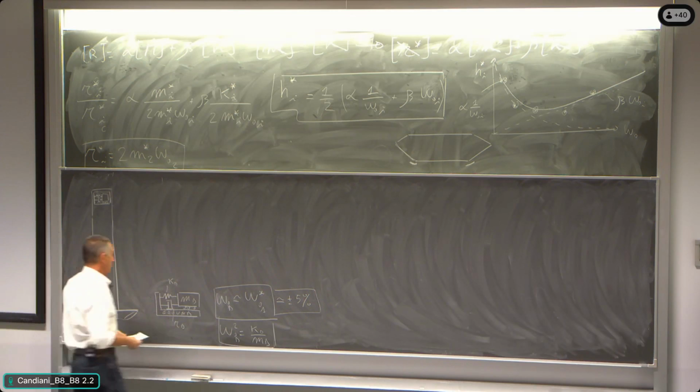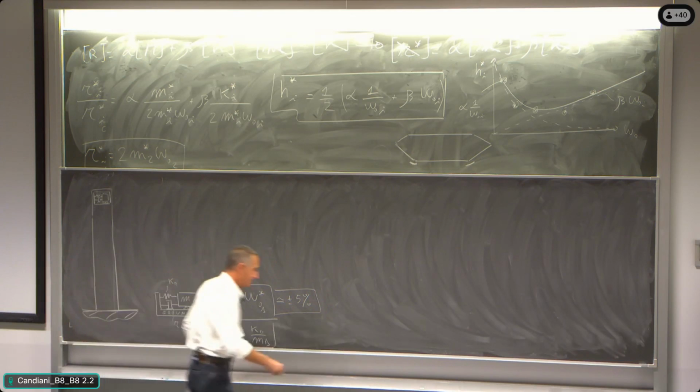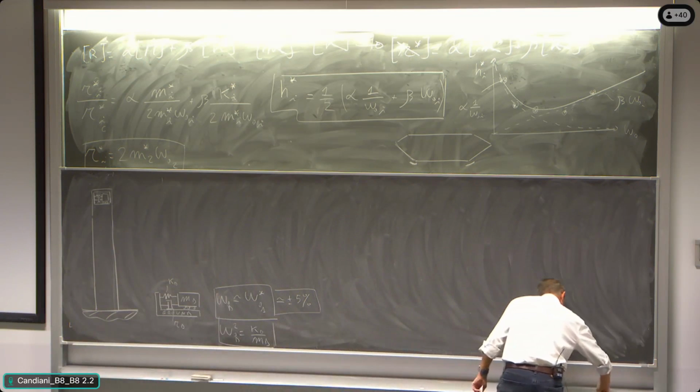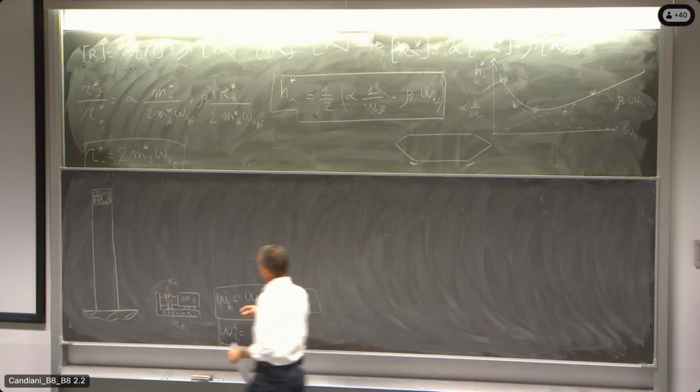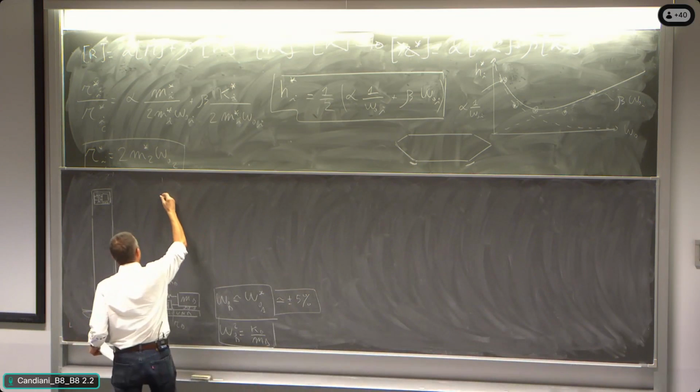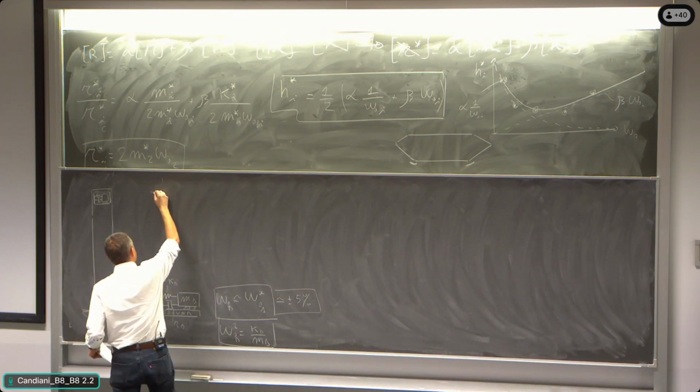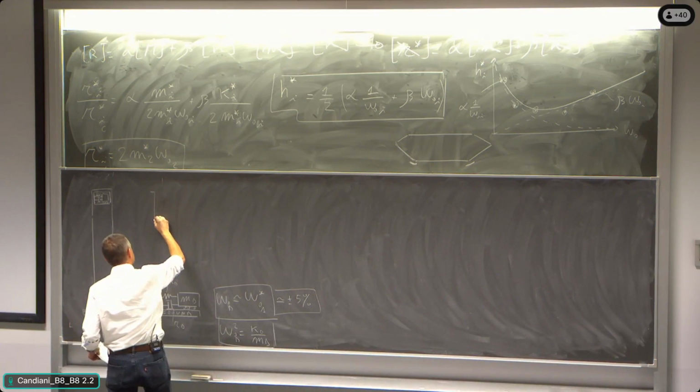At this point, if we want to make the modeling of the system, the modeling of the system will be, and now I make a drawing, and then I will have to justify this drawing.